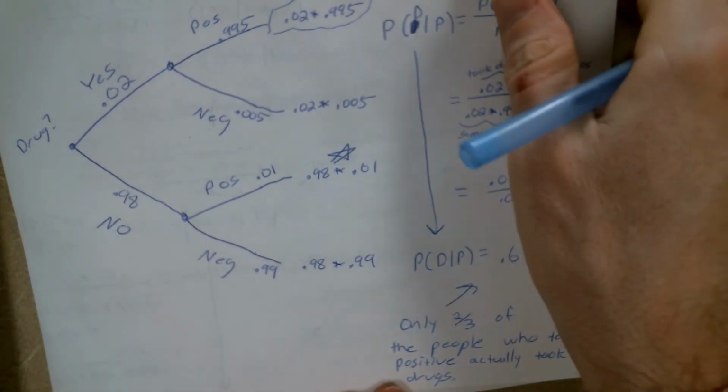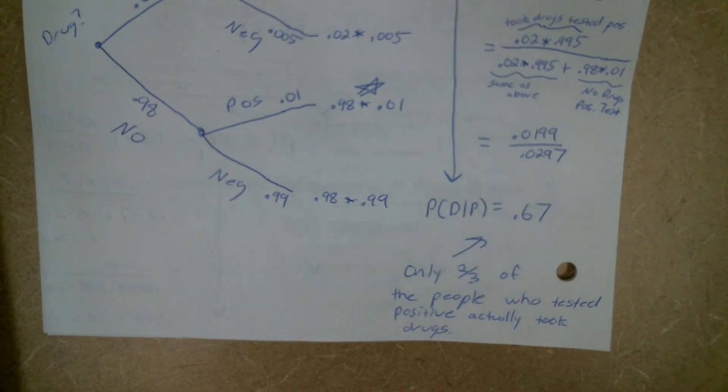Now, I don't know what your estimate was when you started, because this is a video and you're not in front of me actually telling me, but I'm going to guess that it wasn't 2/3. It was probably like, oh, yeah, most of the people that tested positive took drugs. But this is saying a full 1/3 of those people didn't take drugs.